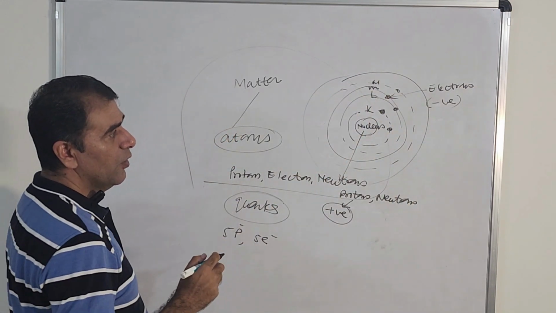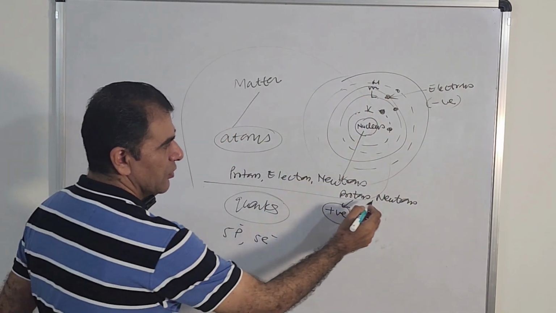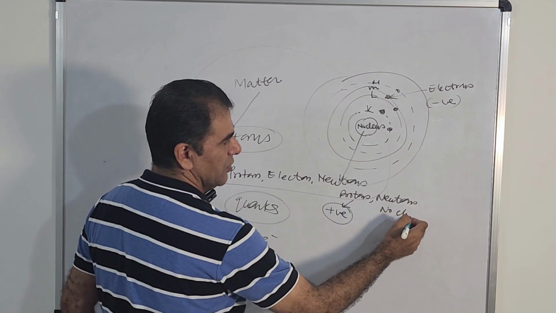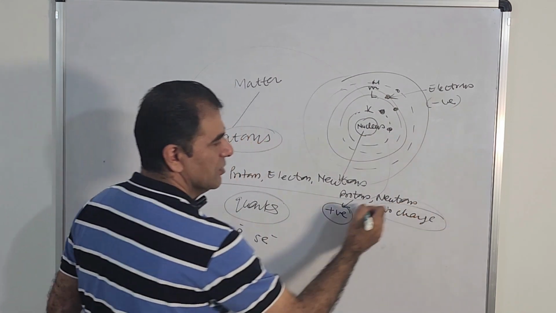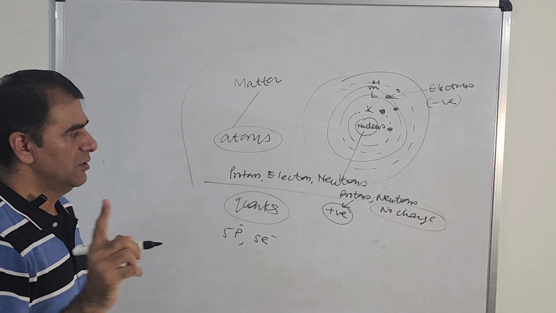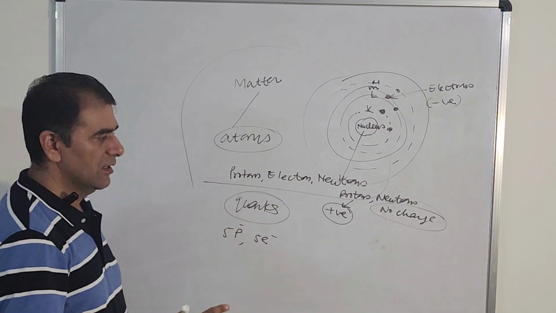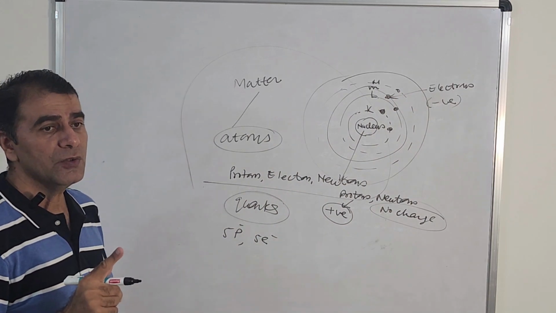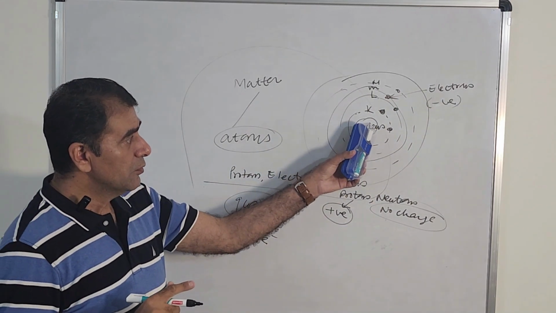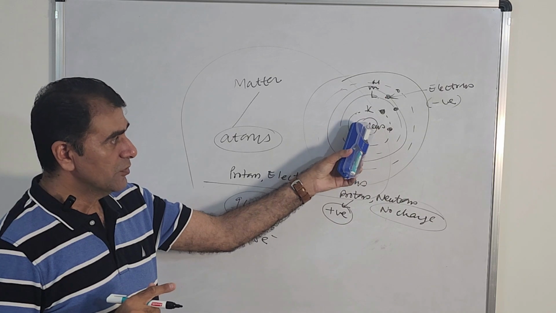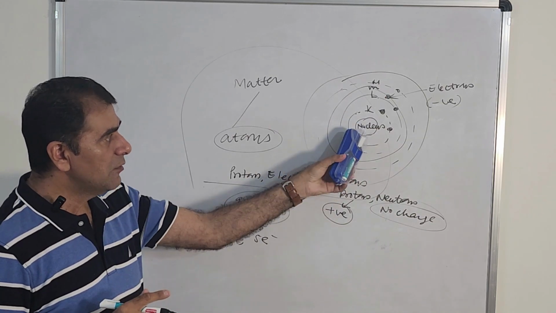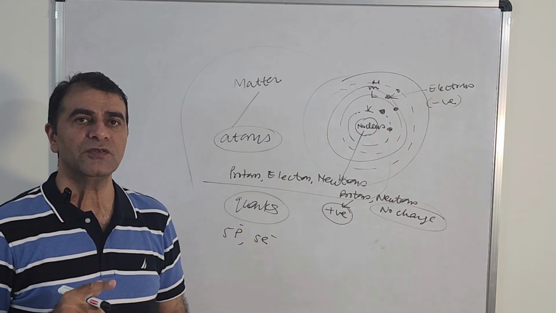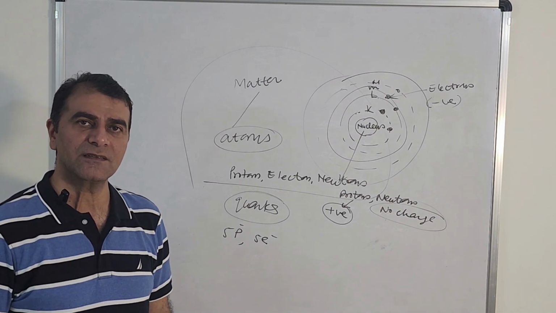Now, neutrons have no charge, protons have positive charge, and electrons have negative charge. The number of protons in the nucleus is always equal to the number of electrons in the outer shells.